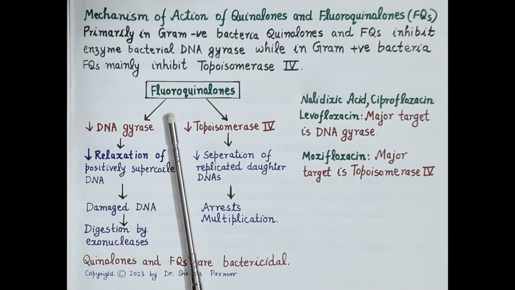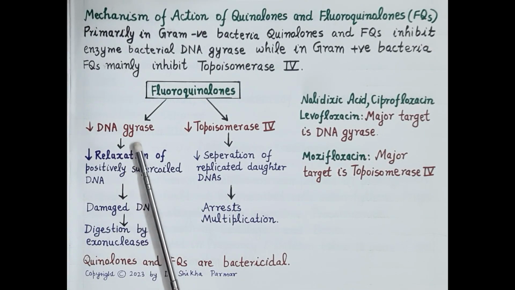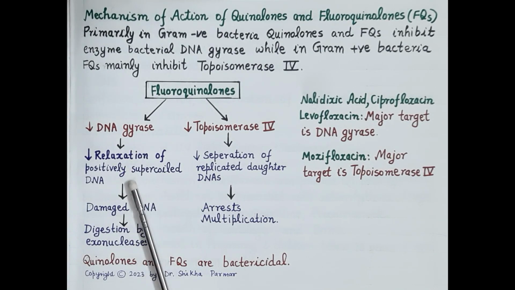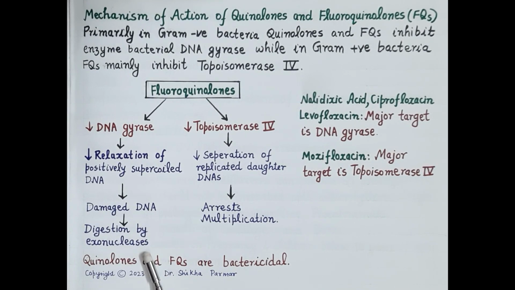So, fluoroquinolones primarily target and inhibit DNA gyrase in gram-negative bacteria. This prevents relaxation of positively supercoiled DNA so that the two DNA strands cannot be completely separated, and thus the DNA remains positively supercoiled and gets damaged, and this damaged DNA is digested by enzyme exonucleases.